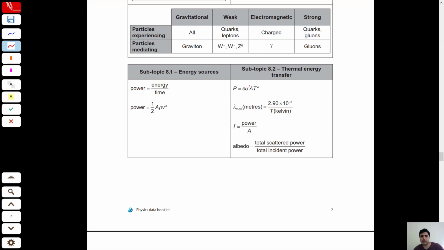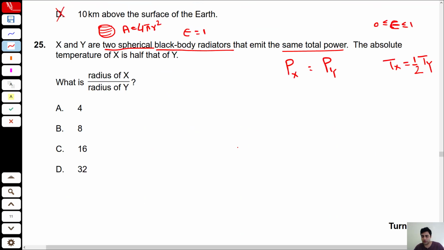And this sigma is the Stefan-Boltzmann constant, so it's different from the Boltzmann constant we learned in topic 3, the thermal heat and thermal heat capacities. So just know how to use this equation. Okay. So we will just copy that equation here first of all. So we know it's P = eσAT to the power of 4. So this is the equation that we will be using. So these two powers are the same.